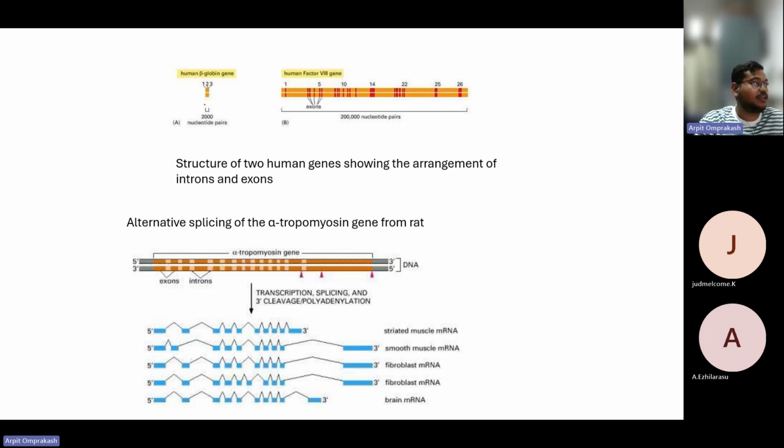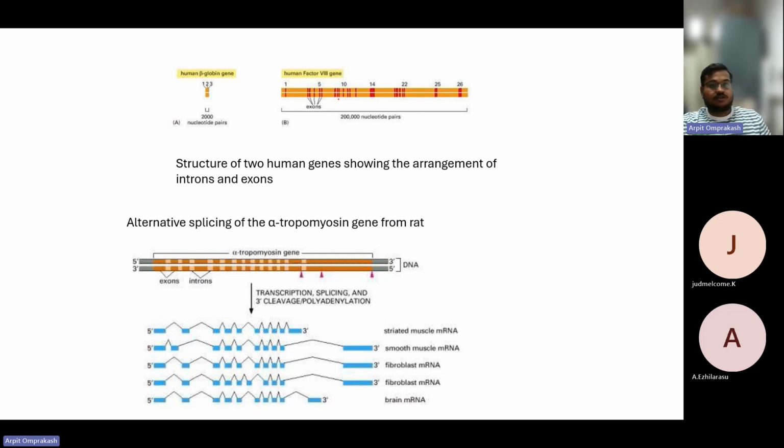Here is an example of two human genes showing the arrangement of introns and exons. The human beta globin gene has three exons, whereas the human factor VIII gene, which synthesizes a protein called factor VIII that helps in blood clotting, has around 26 exons, spread over the DNA like this.